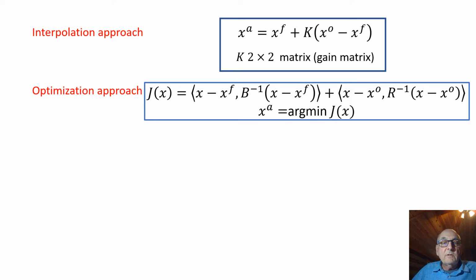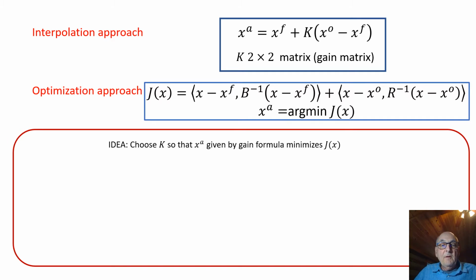So the question is, can we again see that the formula which we get from the interpolation approach is exactly the formula that gives us the minimum of the cost function? In other words, can we choose K so that XA, given by this gain formula, the interpolation approach, minimizes J of X? This is a quadratic cost function, so it should have one minimum.